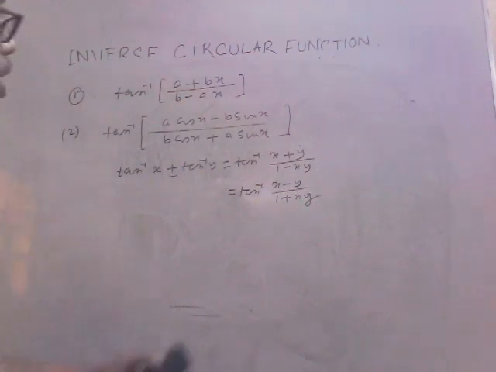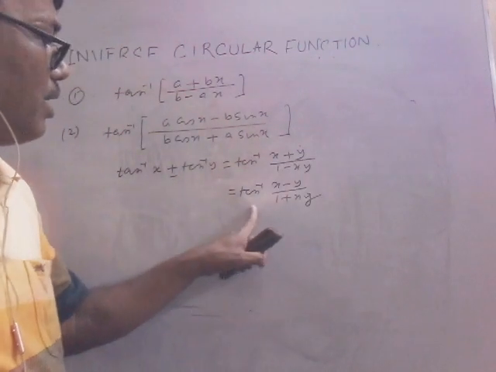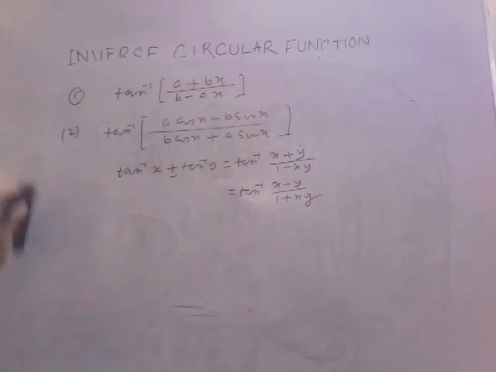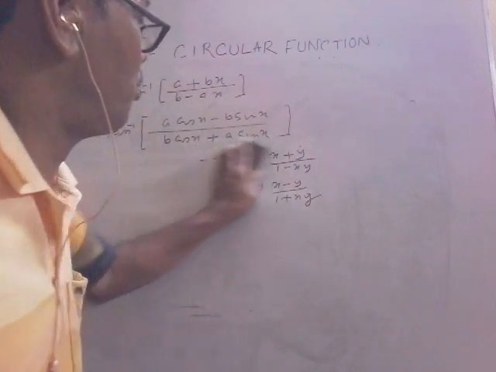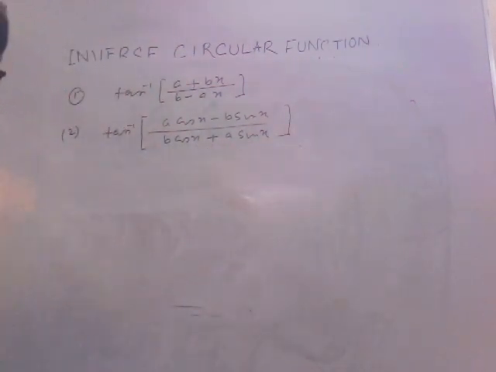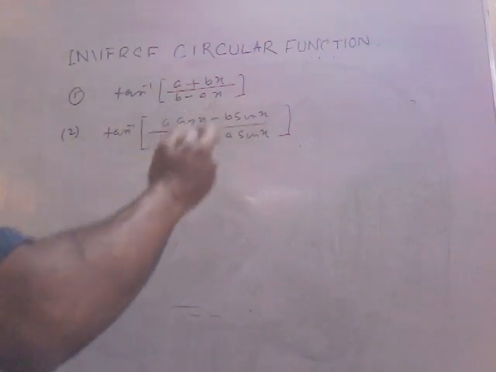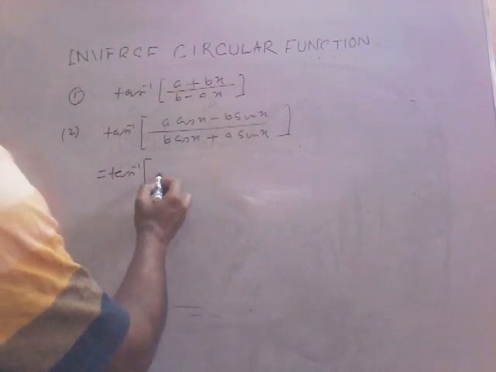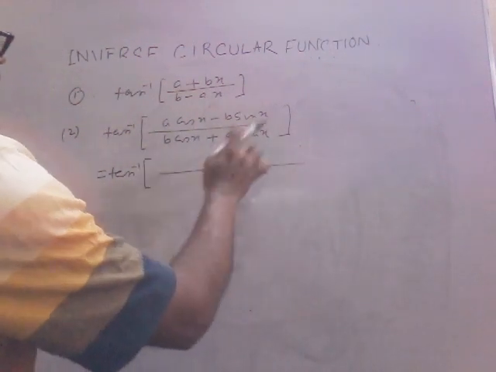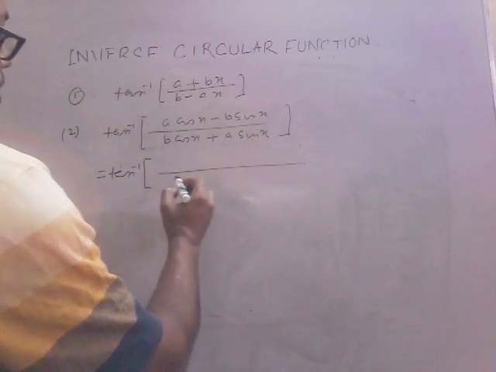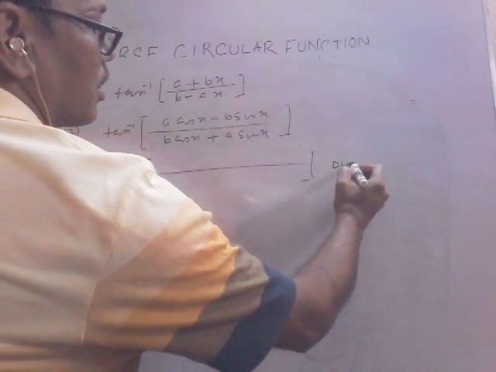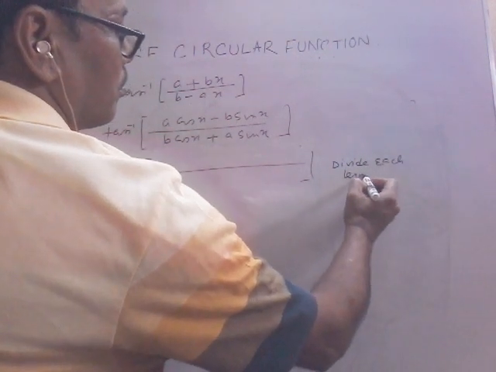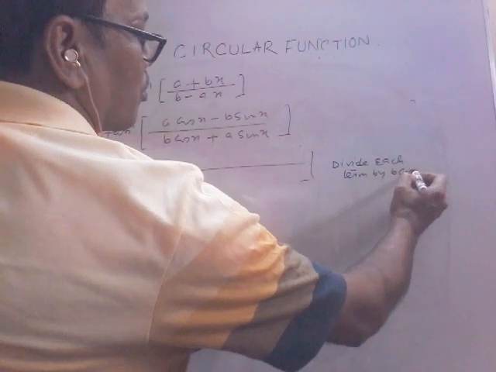So look, in both cases, tan inverse, in the denominator, the first term is 1. So consider problem number 2, B. Look, in the compact form, this one is 1, so divide each term throughout by b cos x.